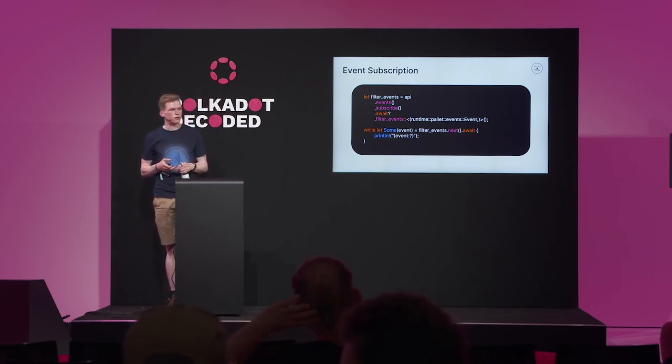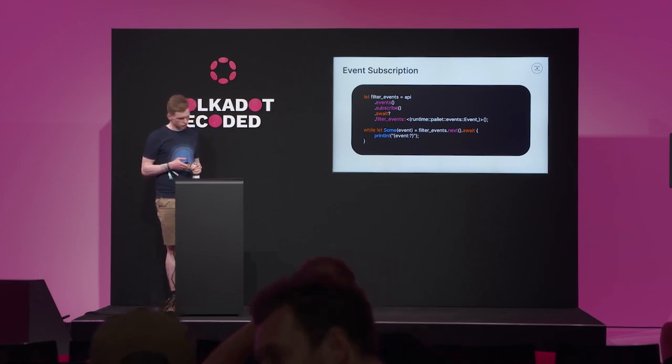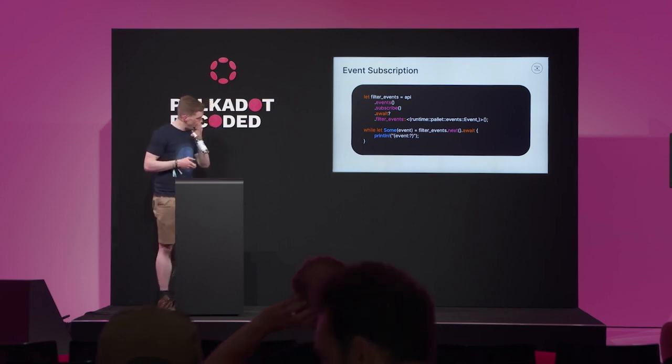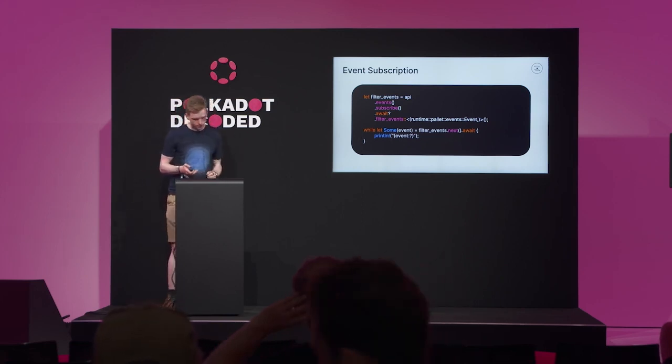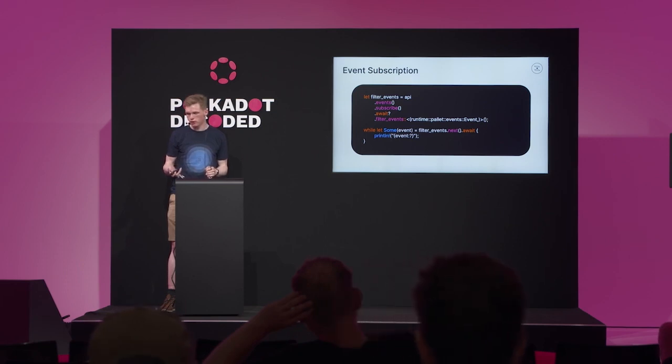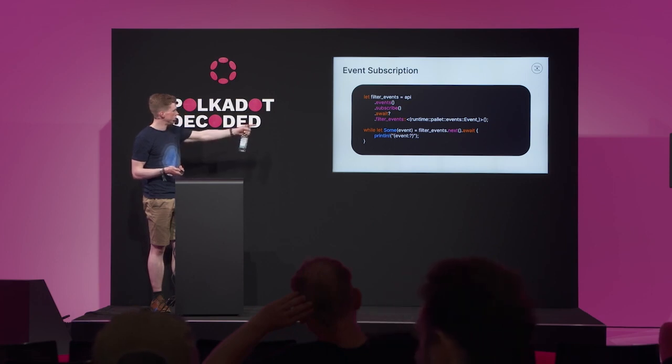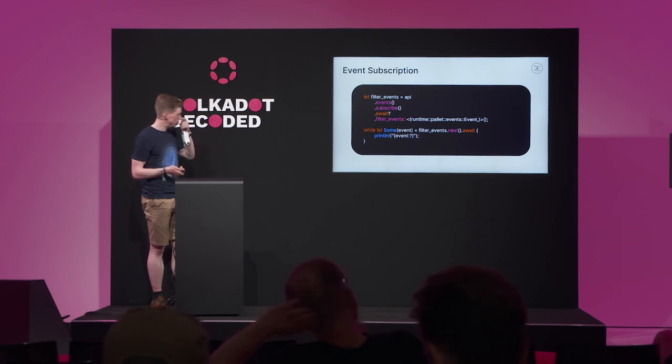So if you want to listen to finalized events, you'll need to tag on underscore finalized. Events are dynamically decoded, so the polling here may fail. I think actually in this case I've got it wrong. Event is a result, so we'd probably want to handle that, but it would anyway just print the result there.